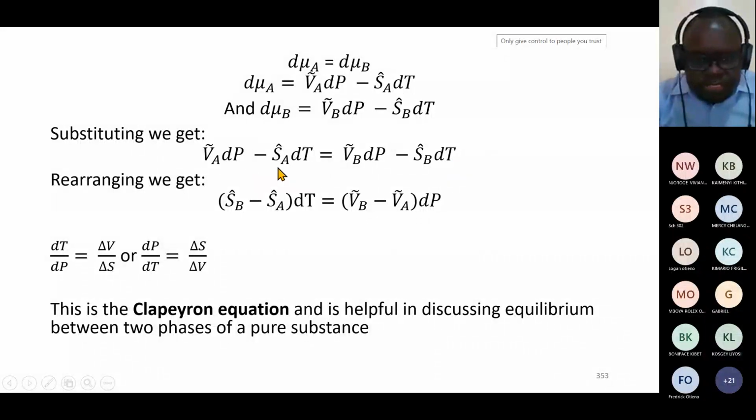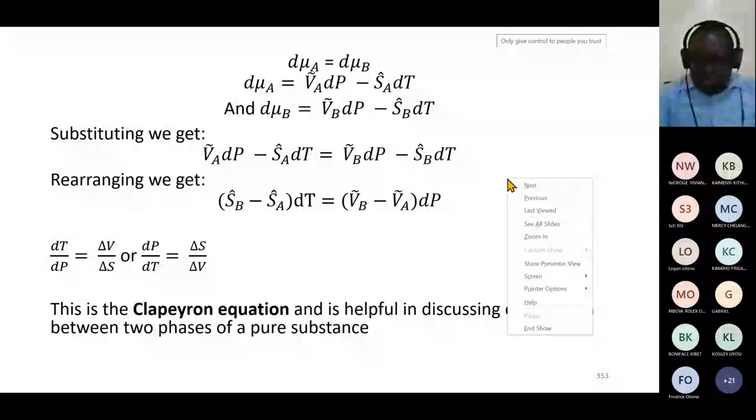If we rearrange this, putting the like terms together, we get SB minus SA dT equals VB minus VA dP. So SB minus SA is delta S, or change in S, and VB minus VA is the change in V, or delta V.